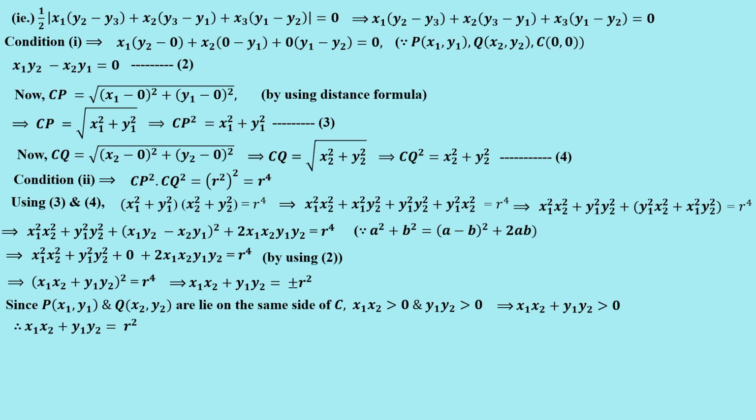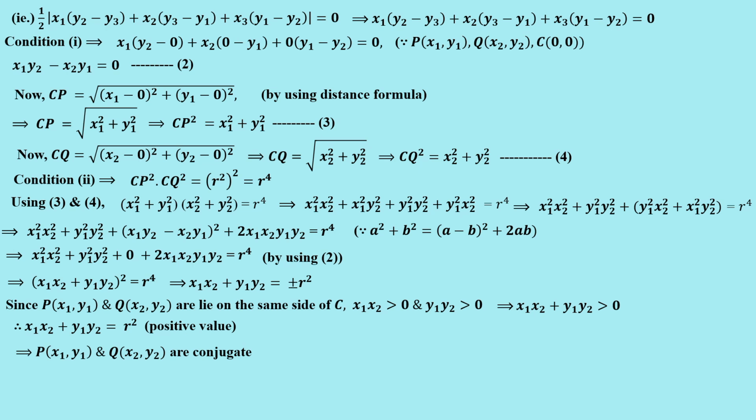If it is on the positive side, both are positive. Multiplying, you will get x1 x2 plus y1 y2, that is what we have mentioned. So x1 x2 plus y1 y2 equal to r square. Because it is positive, we are taking the positive value, because x1 x2 plus y1 y2 equals plus r square or minus r square. So we are taking plus r square.